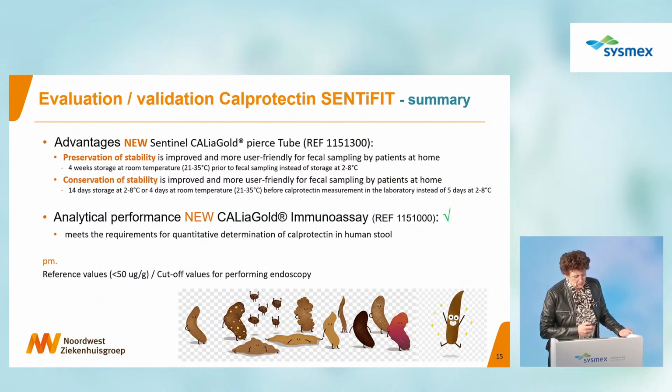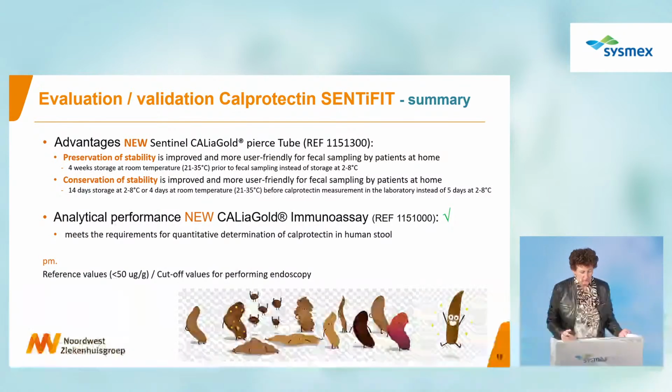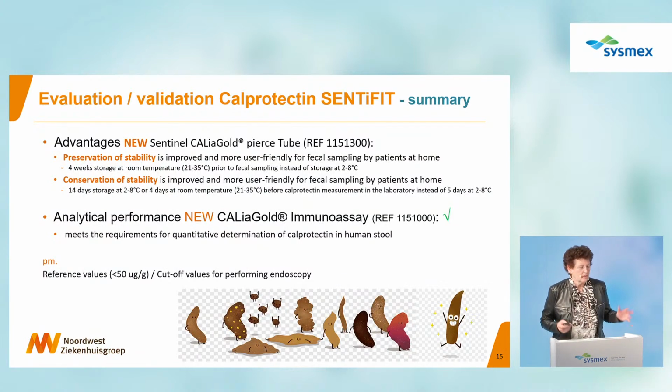In summary, the advantages of the Sentinel CALiaGold purse tube is that in the new tubes the preservation of the stability is improved. It is user-friendly for fecal sampling by patients at home. We can keep the tubes 4 weeks at room temperature at least prior to fecal sampling, and we can keep the tubes in the fridge till the expiry date.